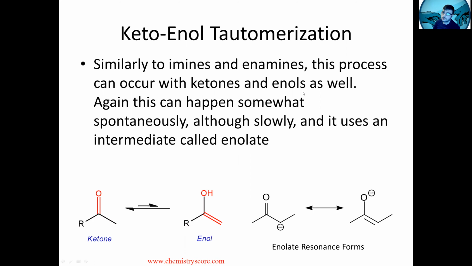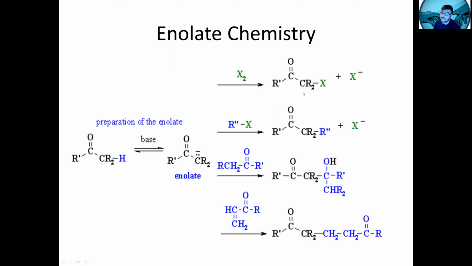Okay. So let's go a little bit into enolate chemistry, because enolate chemistry is actually kind of important. There's a lot of stuff you can do with enolates that you can't otherwise do. For example, because enolate is the intermediate of going from a ketone to an enol, you can turn a ketone like this into an enolate.